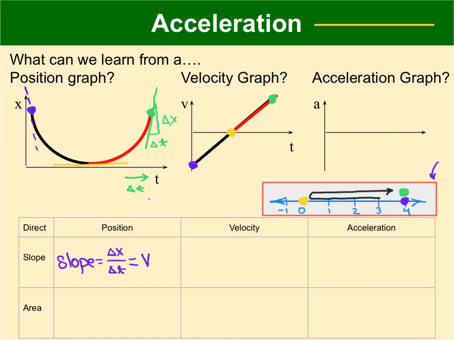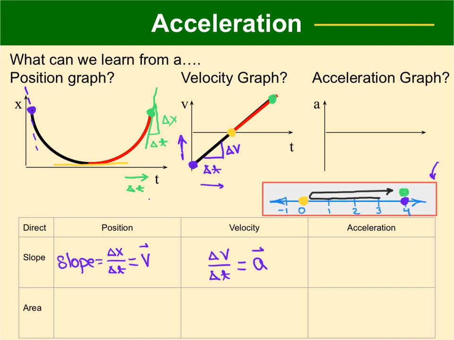On the velocity graph, however, this is the change in velocity on the vertical axis, we're going up, over the change in time as we're going to the side. Change in velocity over the change in time, of course, is the acceleration, and direction is important.